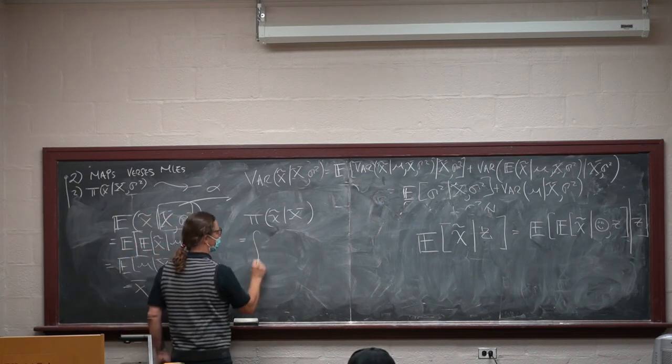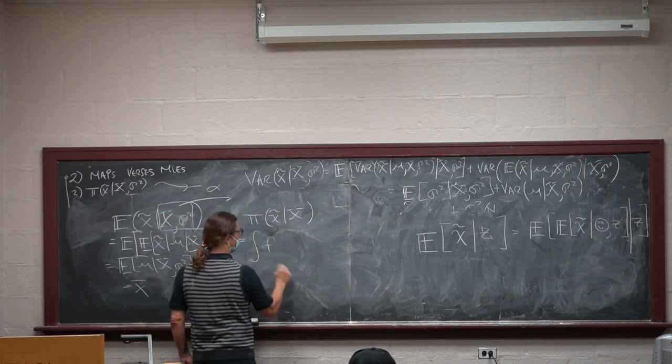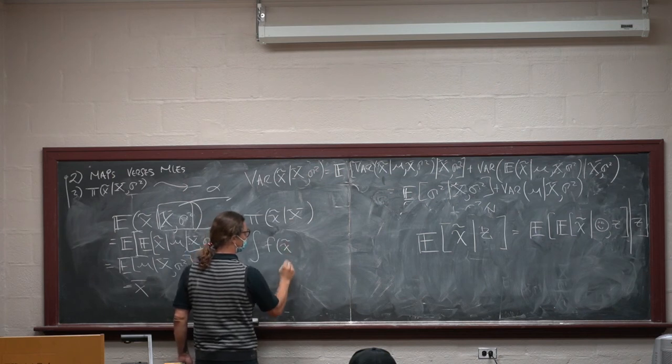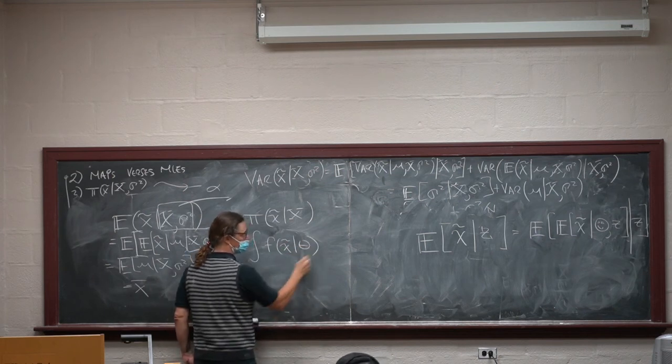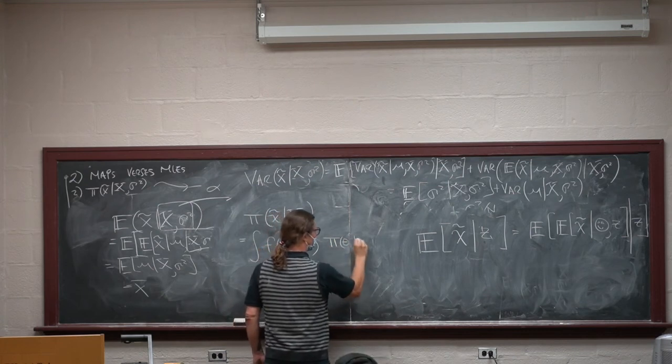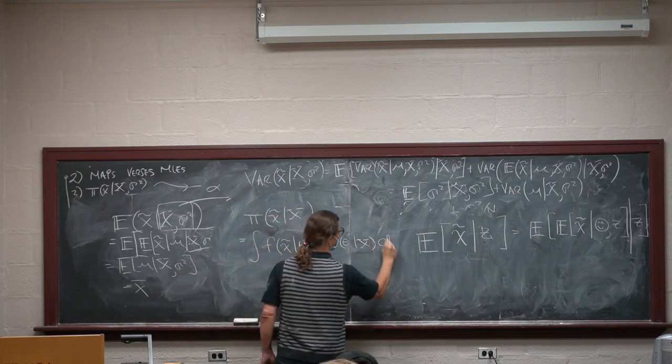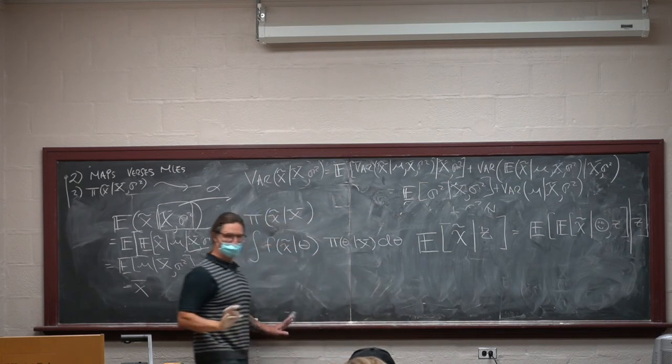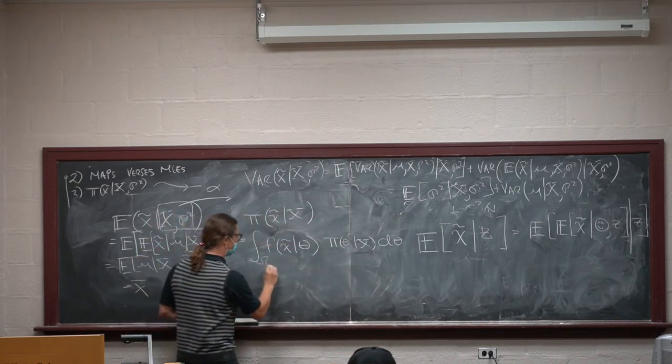This is going to be the integral of x tilde, given whatever my parameters are. This is the way I taught this to you. So we integrate over all of this.